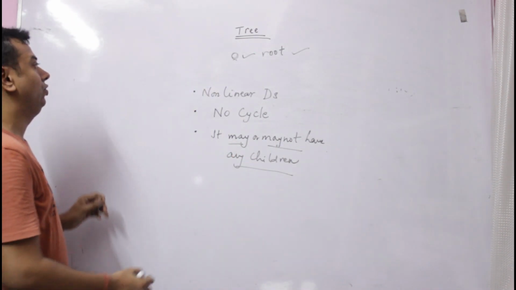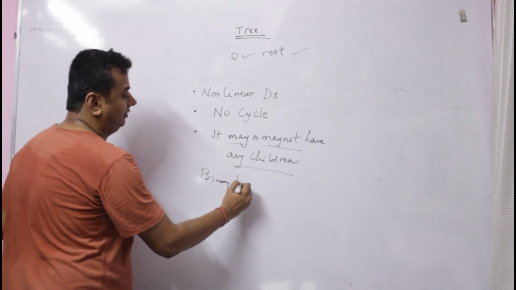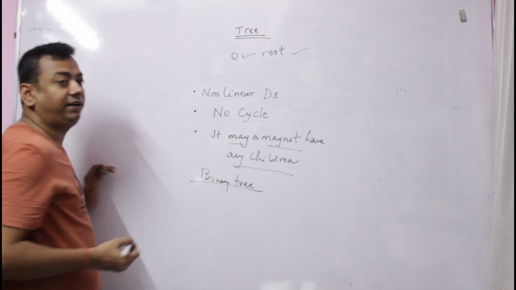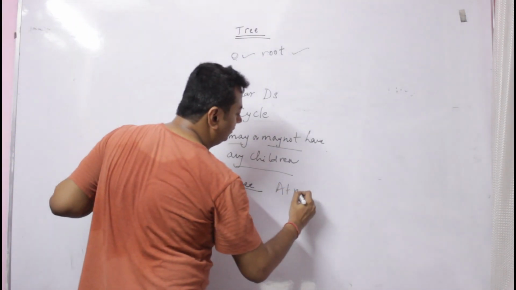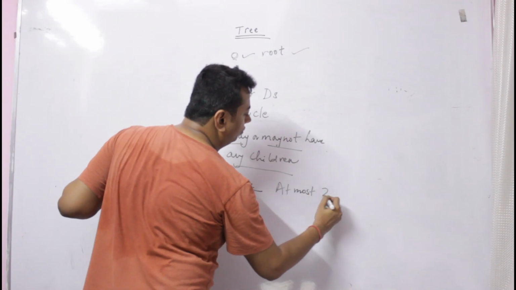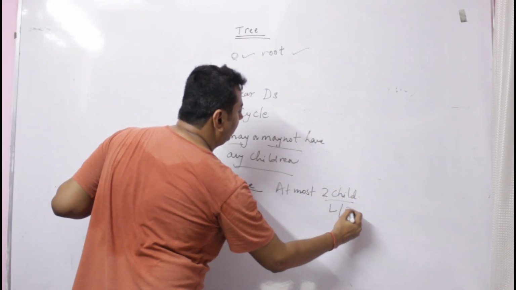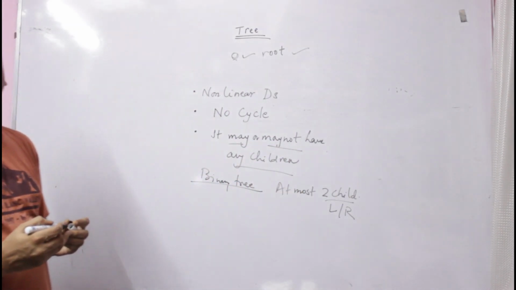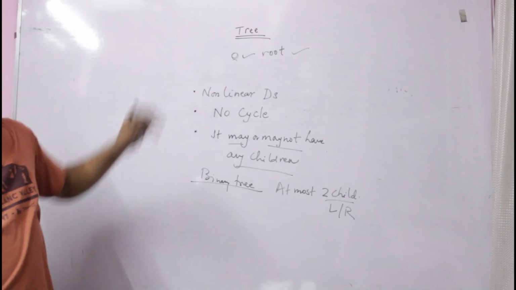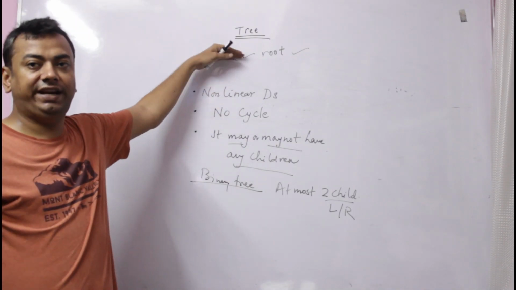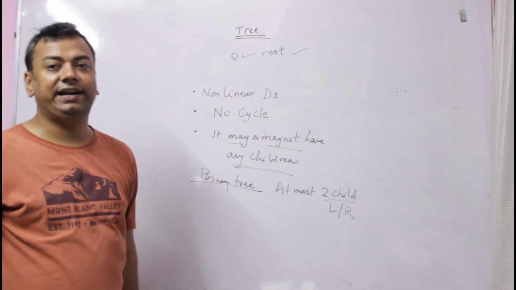If we talk about a binary tree, the tree could have at most two children. Now let's see how we can implement this tree using the array data structure.